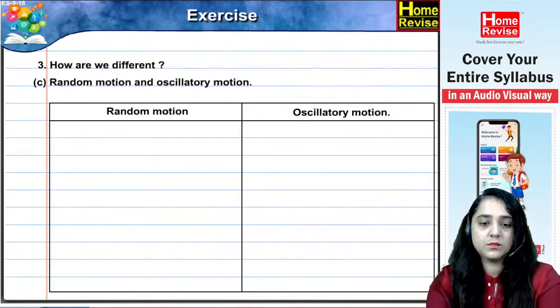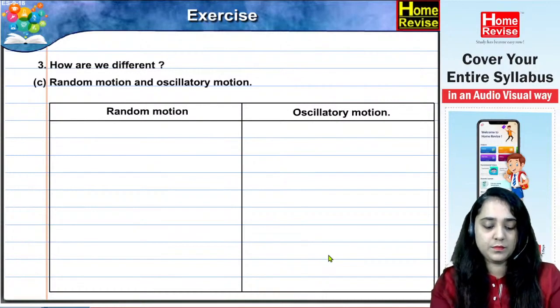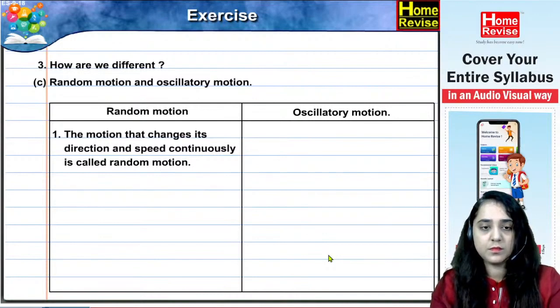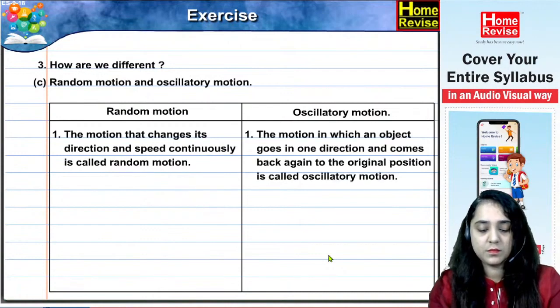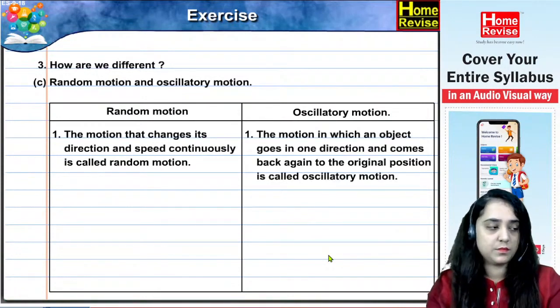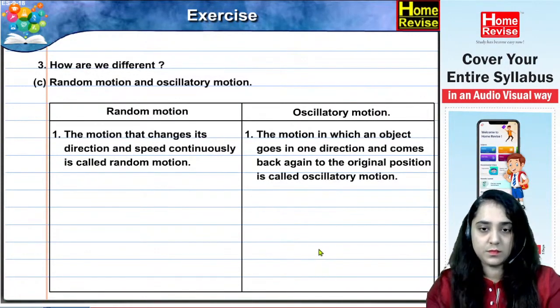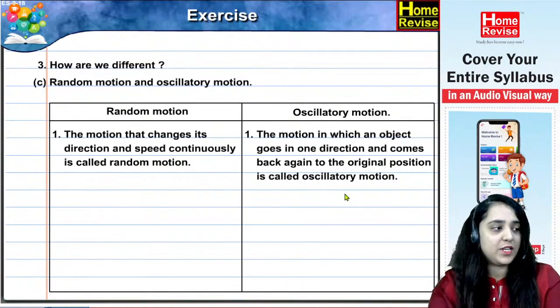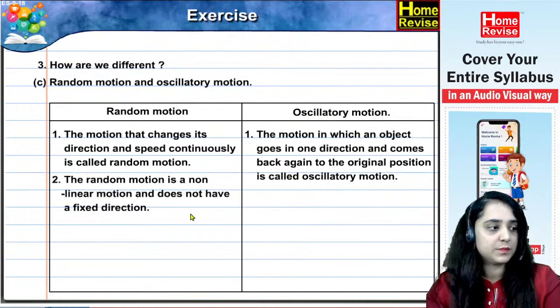C. Random motion and oscillatory motion. Answer. Point number one. The motion that changes its direction and speed continuously is called random motion, whereas the motion in which an object goes in one direction and comes back again to the original position is called oscillatory motion. Point number two.